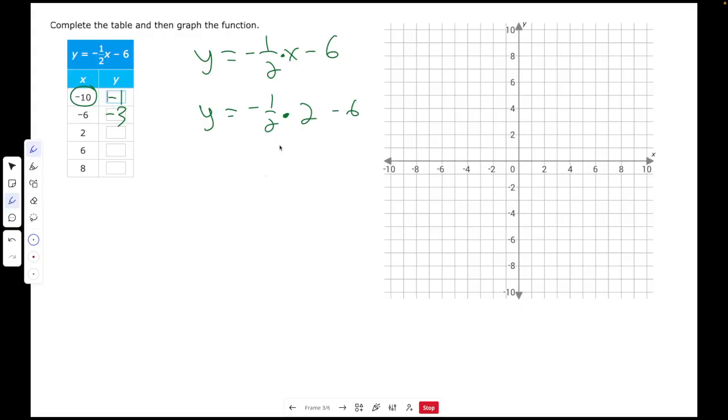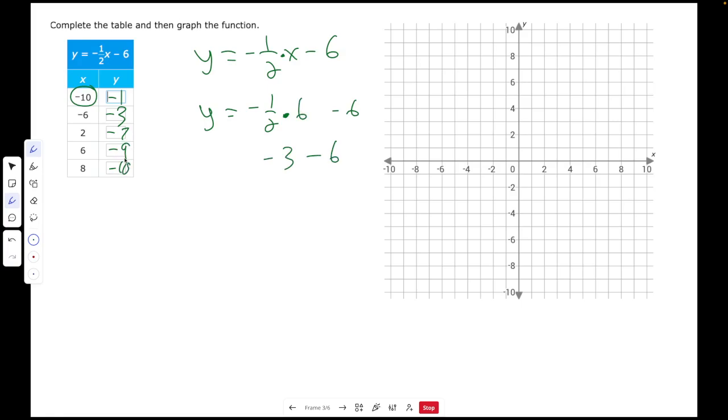Negative 1/2 times 2 is negative 1 minus 6. Negative 1 minus 6 is negative 7. If you plug in the 6, you get negative 3 minus 6, which is negative 9. And for 8, you should get negative 10.